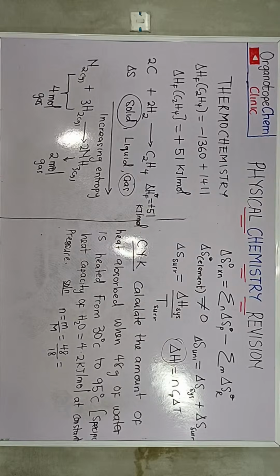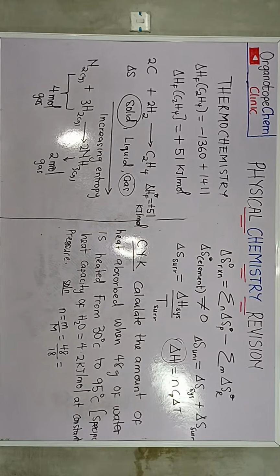Are you talking about the entropy? How we deduce that there is a decrease in entropy from 4 moles to 2 moles? What is 48 over 18? Can you confirm that answer?